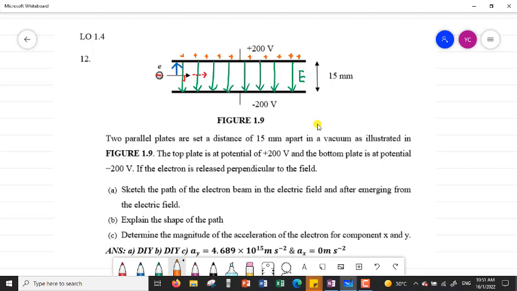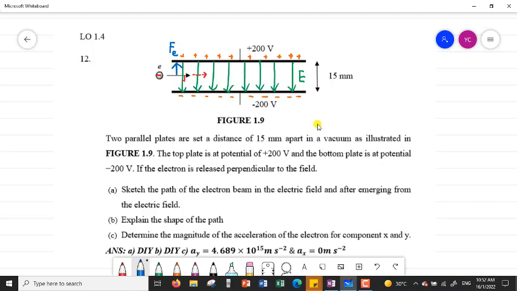The bottom plate is negatively charged because it is set to a potential of negative 200 volt. So this electron will experience an attractive electric force upward.